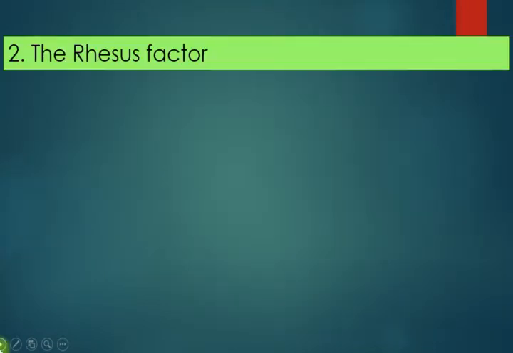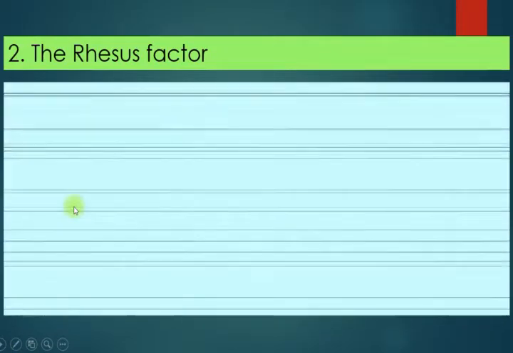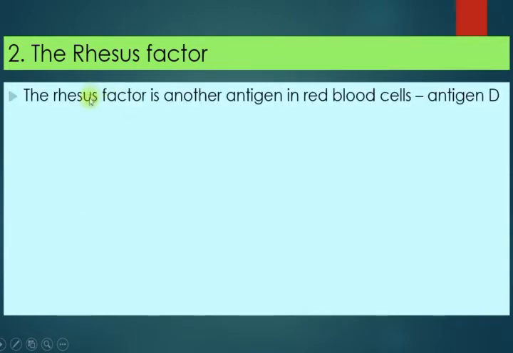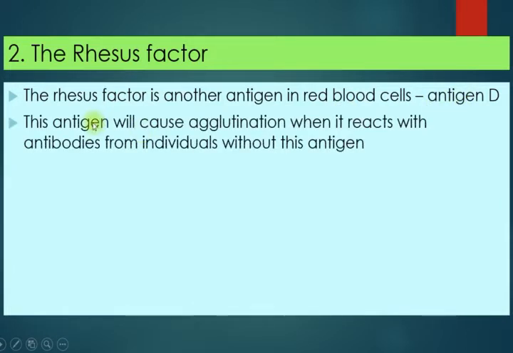Now let's take a look at the rhesus factor. We already discussed the rhesus factor in chapter 10, in Form 4. I hope you still remember, the rhesus factor is another antigen in red blood cells called antigen D. This antigen will cause agglutination when it reacts with antibodies from individuals without this antigen.